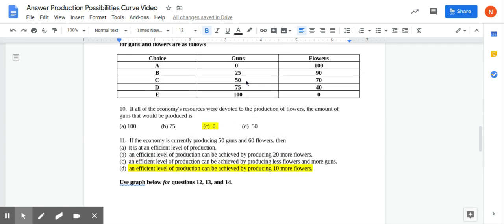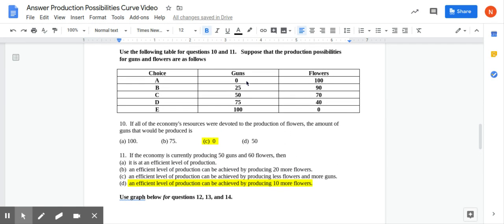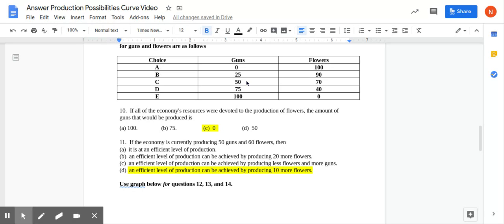Using the following table for 10 and 11, suppose that the production possibilities for guns and flowers are as follows. If all of the economy's resources were devoted to the production of flowers, the amount of guns that would be produced is 0. So if we're using all of our resources to make flowers, we're obviously going to have 0 guns.